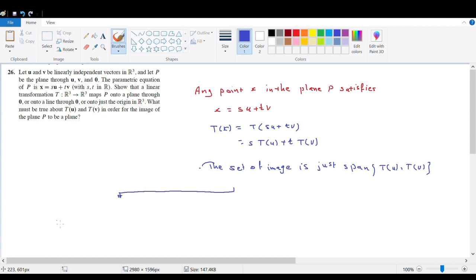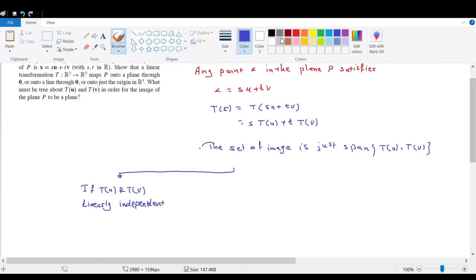So the first one, if TU and TV are linearly independent, that means there is no relation between TU and TV.